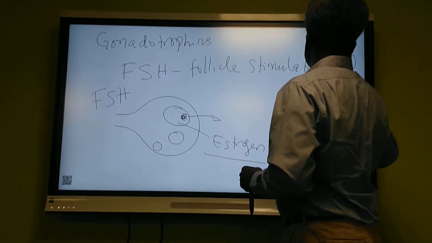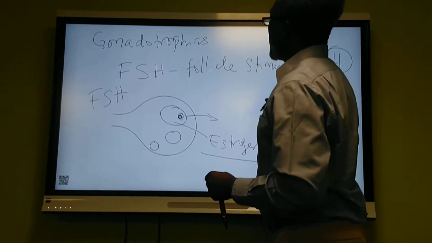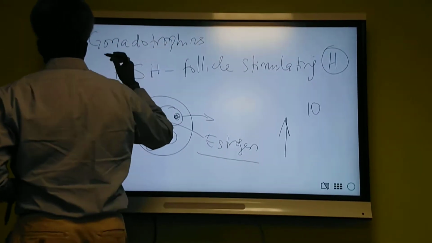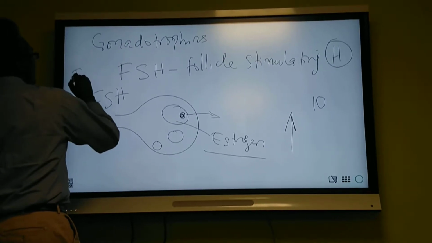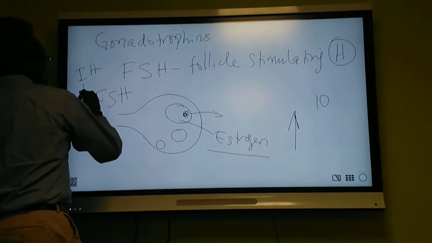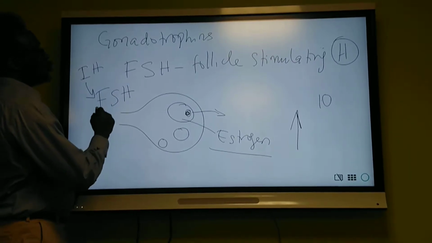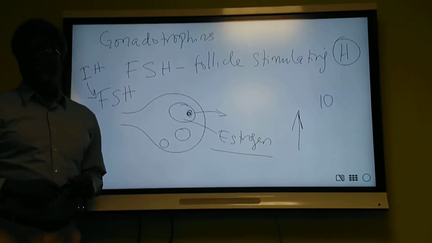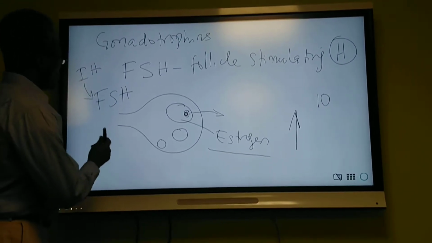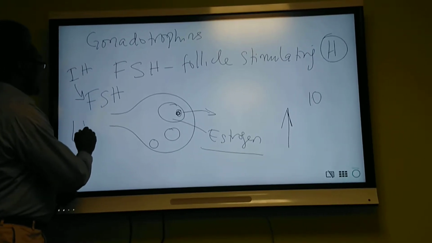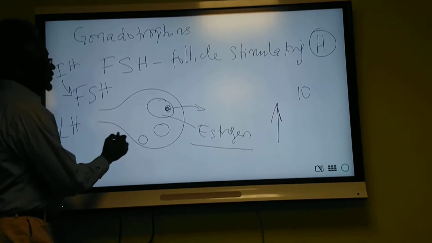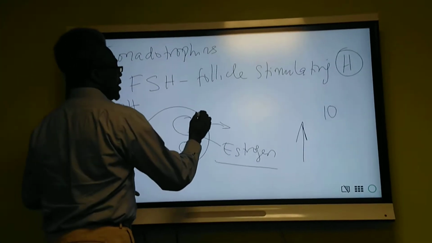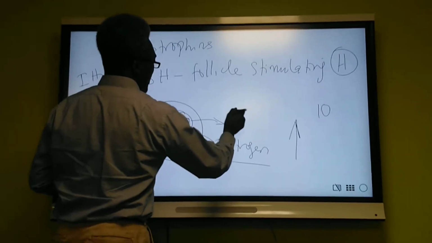When estrogen reaches the level of 10 in the bloodstream, it will cause the hypothalamus to cause the release of an inhibitory hormone that will shut down FSH, but will cause stimulation of luteinizing hormone. So LH will be released from the anterior pituitary. LH gets to the ovary. It will inadvertently cause the release of the egg.